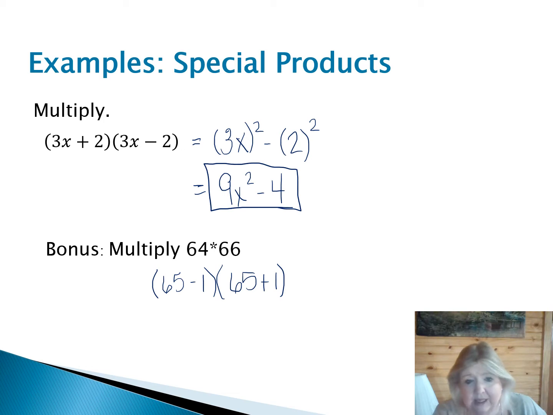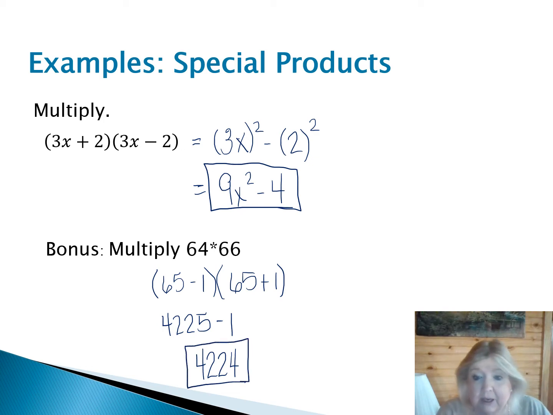That is 65 squared, which is 4,225, minus 1 squared, which is 1. So that's 4,224. And I don't have to do all that old right to left stuff because I have algebra.